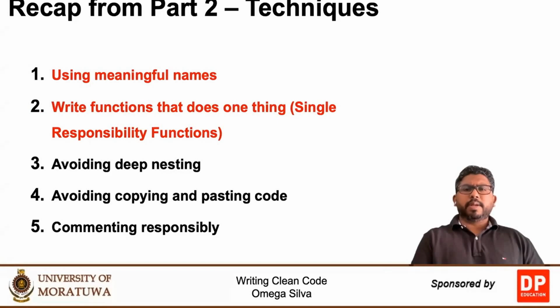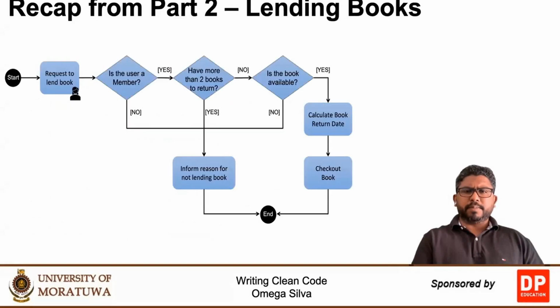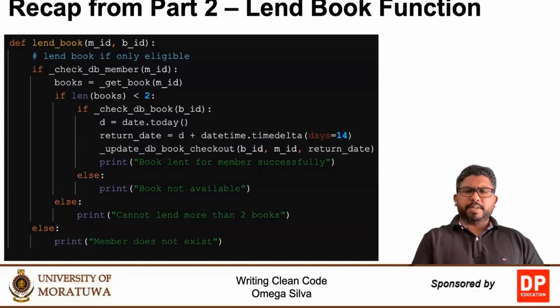Let's recall what we learned in part 2 of this lesson. In part 2, we looked at 2 techniques of writing readable code, which is using meaningful names and writing functions with a single responsibility. To discuss these techniques in detail, we had a look at an example taken from an online library management system, and we looked at a simple flow of lending a book. We had a look at a Python function which implements that logic that we saw in the flow diagram.